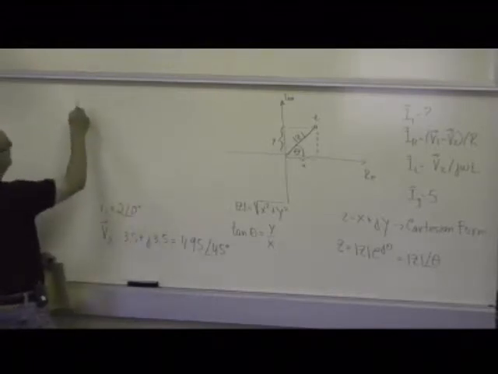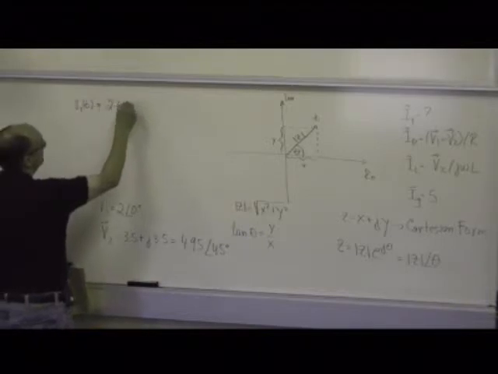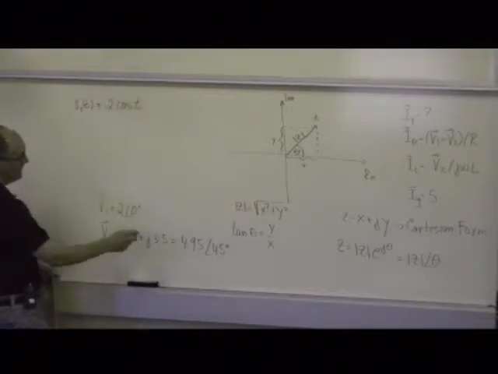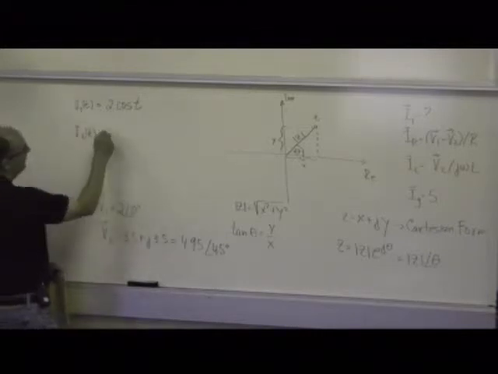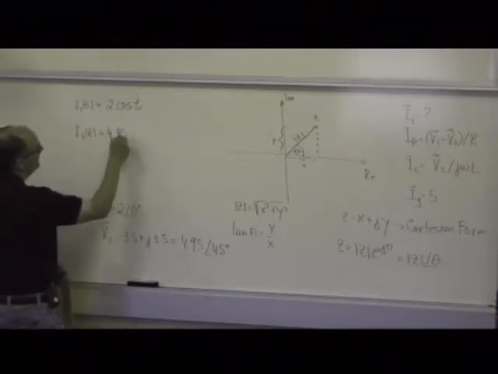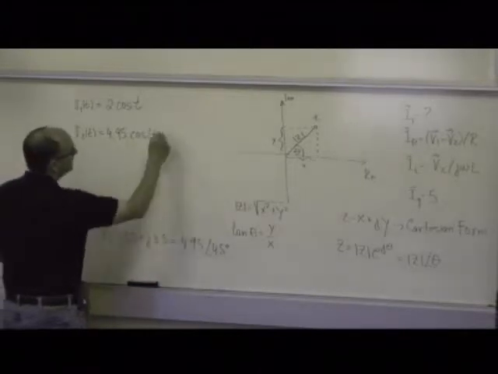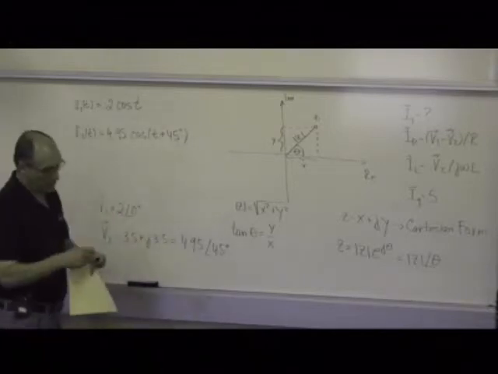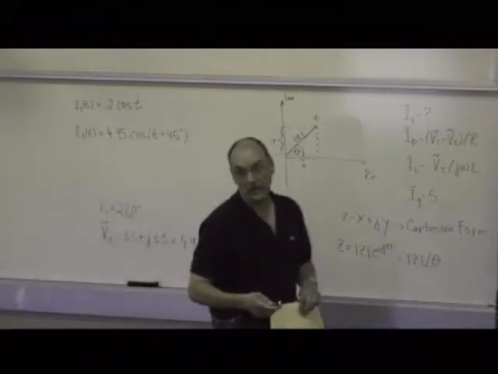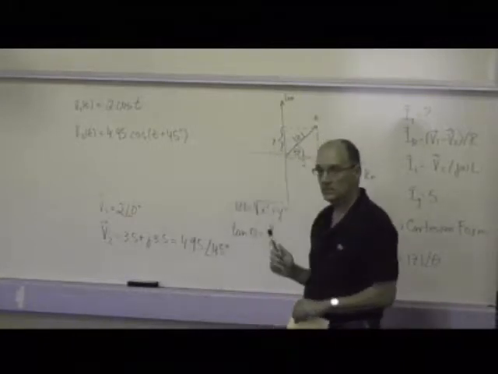So you can say that v1 of t is 2 cosine t, and v2 of t, 4.95 will be the amplitude, cosine t plus 0.5. And these two are so-called steady-state values, meaning that after a sufficiently long time, that's what you're going to see in your circuit.